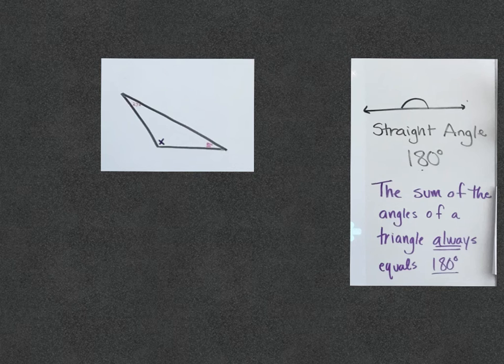Okay, just a couple more. Wow, tiny numbers. We have 27 and 32 as our known, and now we need to find our unknown. That's an obtuse angle, so we know that it's going to be more than 90. So 7 plus 2 is 9, 2 plus 3 is 5. Now we're going to take 180 and subtract what we know.